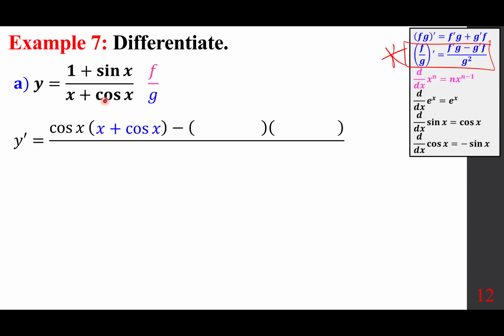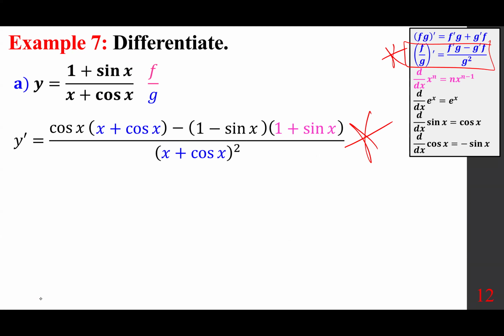So 1 minus sine x, and times f, the top function, is 1 plus sine x. And finally, you put the denominator, you don't do anything. You just put it in parentheses and square that. Let me put an asterisk on it because I want to emphasize this is it.